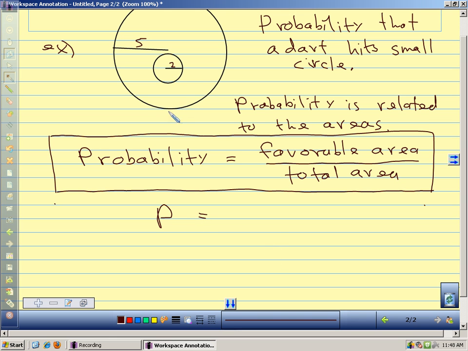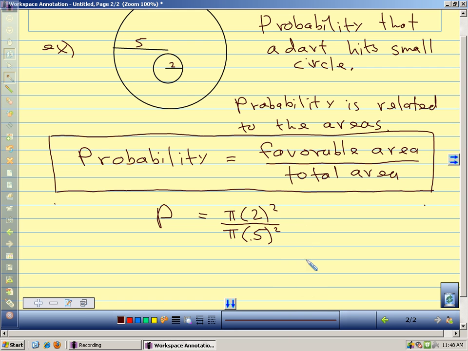So how do we find the area of that small circle? How do we find the area of a circle? Pi r squared. So pi times 2 squared. And the total area, pi times 5 squared.